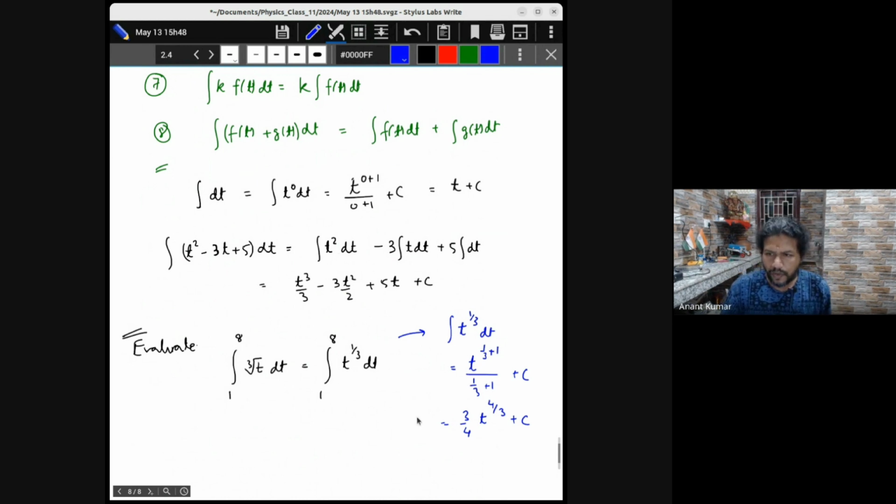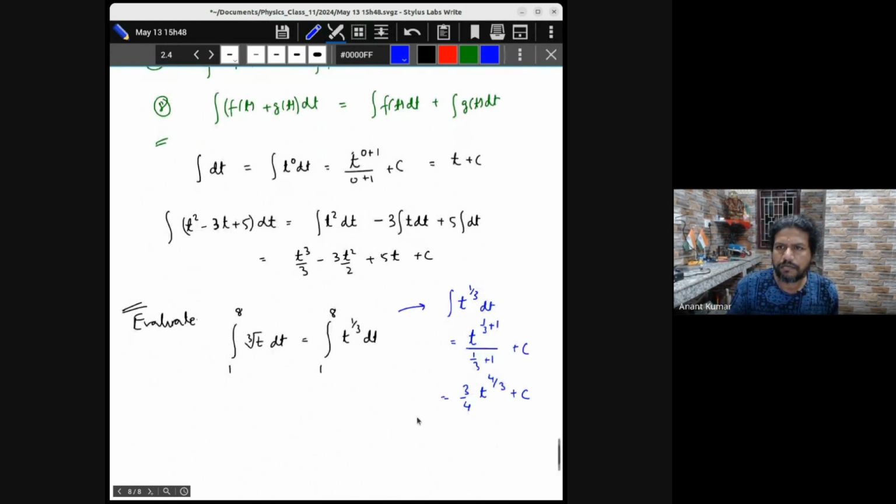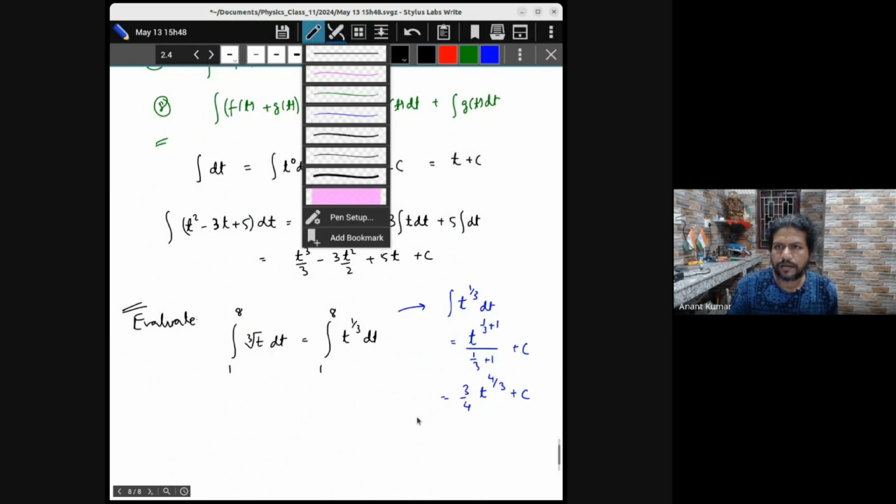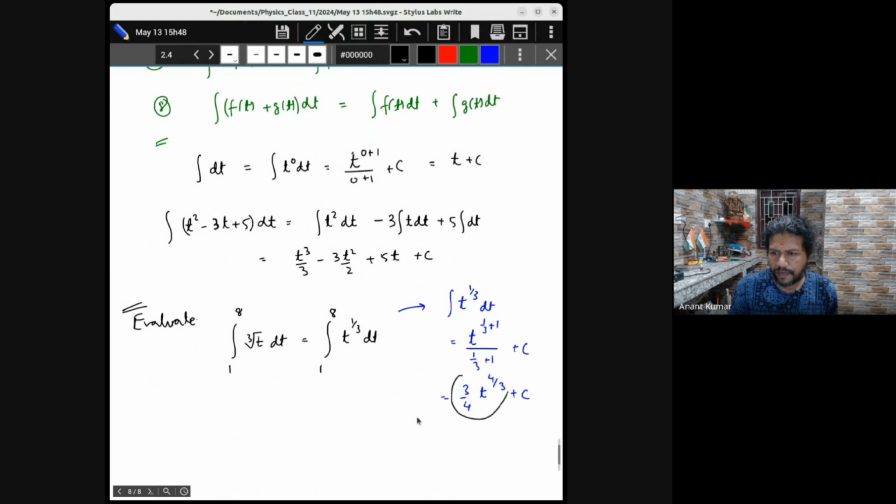Now, what I can do is use this particular function, capital F. I use this and obtain the values at the upper and lower limit.